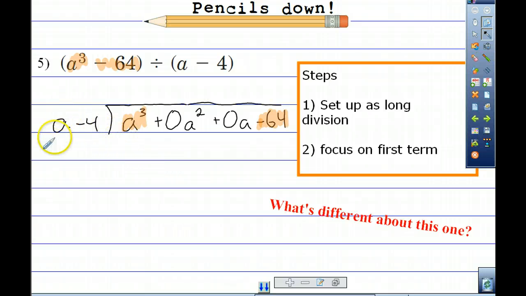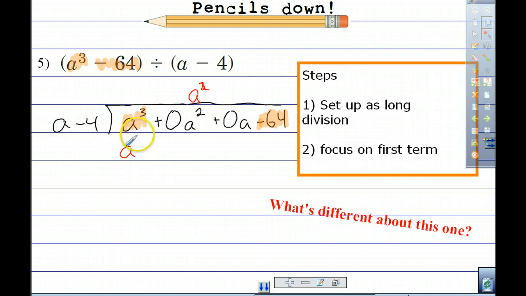So let's be careful. A times what is a to the third? A squared. I'm going to write it right above this a squared. A squared times a, and a squared times negative 4. A squared. Again, look, all a squareds are lining up.